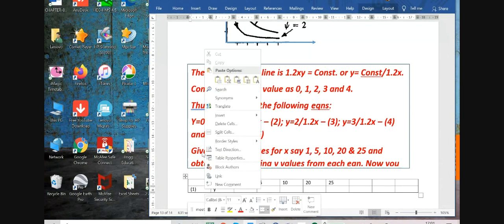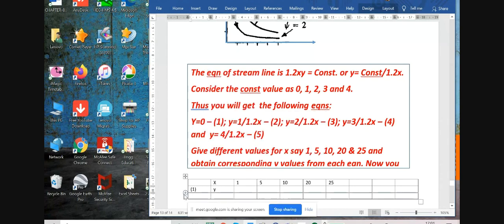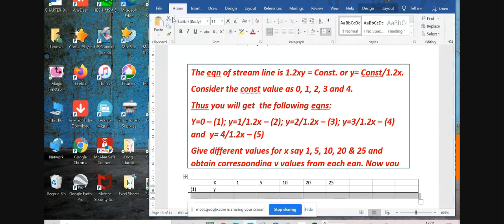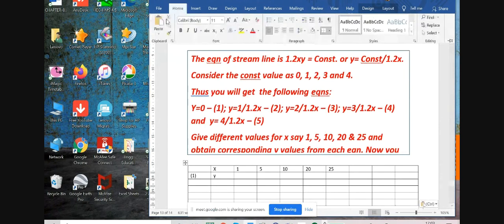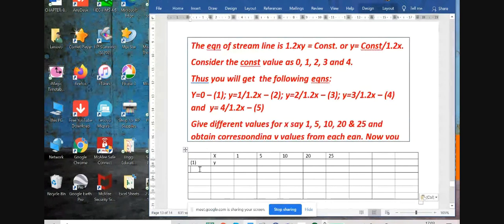Then similarly, from the second equation, then third equation, fourth equation, fifth equation.